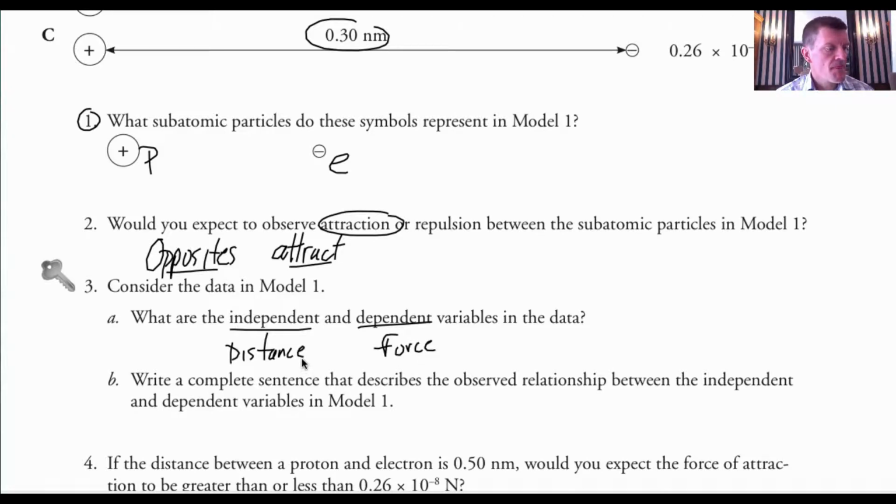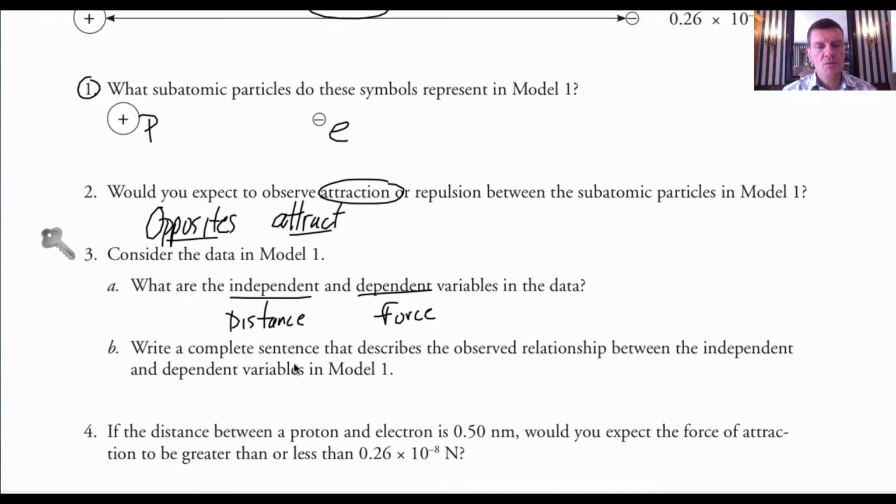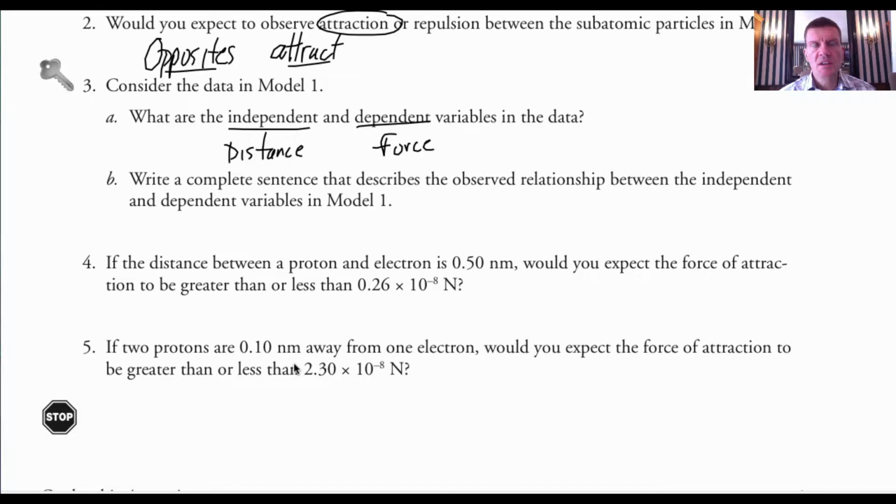Alright, and now we can determine the relationship, not with any quantitative calculation or amount. We're basically just going to make an observation of the relationship. The question asks for a complete sentence that describes the observed relationship between the independent and dependent variables in Model 1.